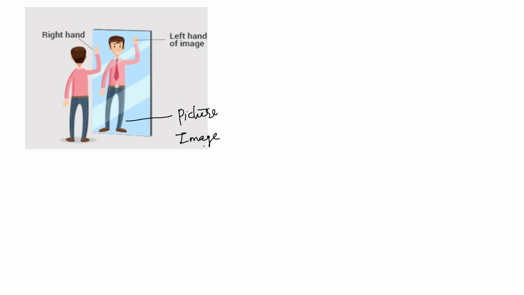You already know the properties of the image formed by a plain mirror, which you learned in your lower grades. In a plain mirror, the size of the image is equal to the size of the object. The object distance from the mirror is equal to the image distance.